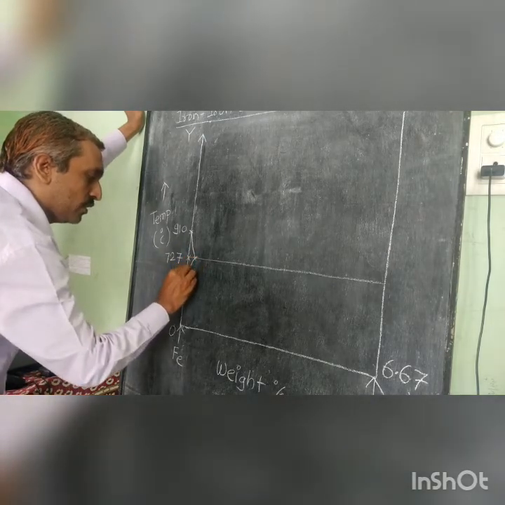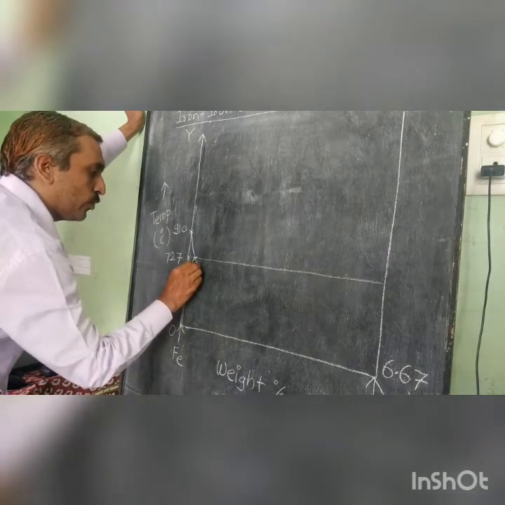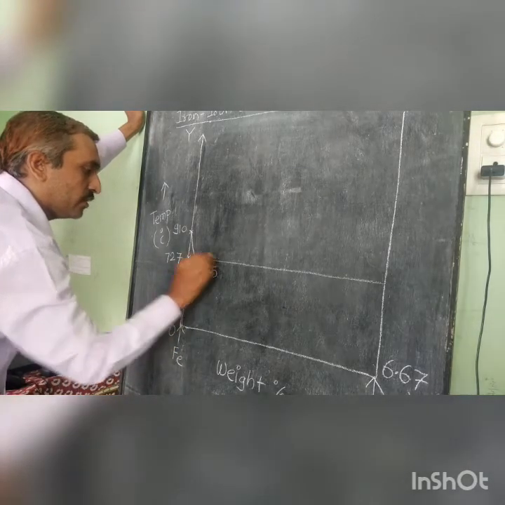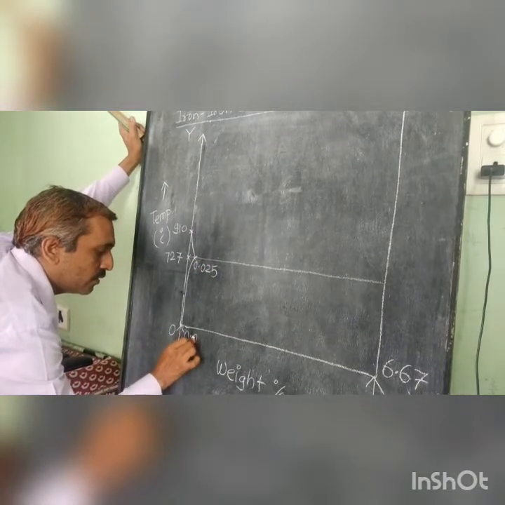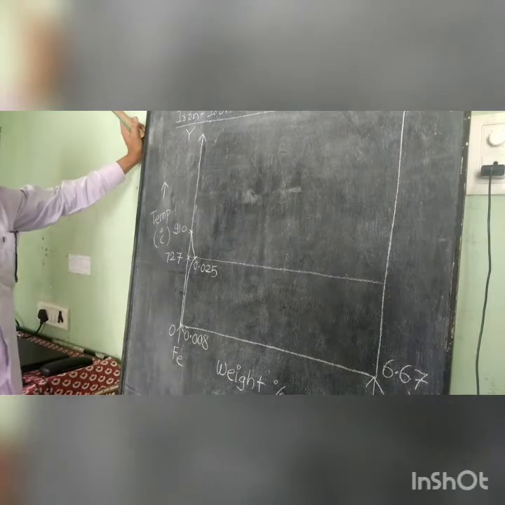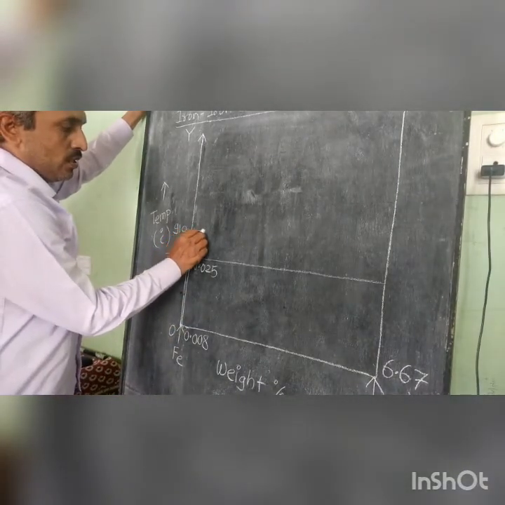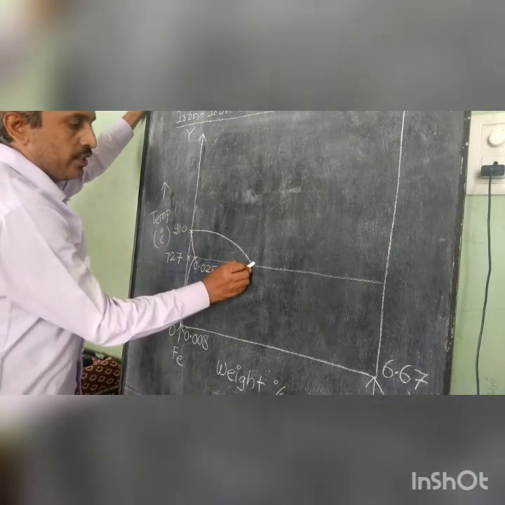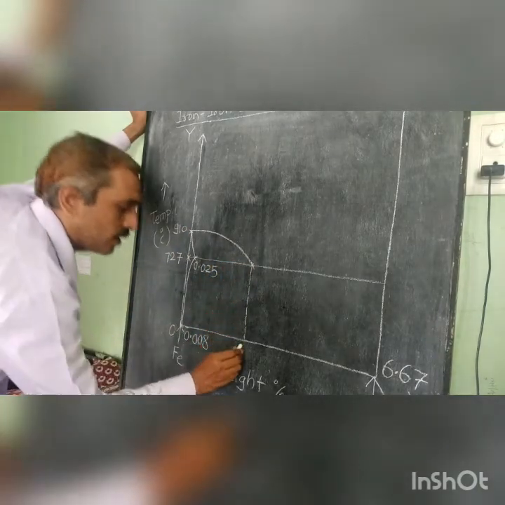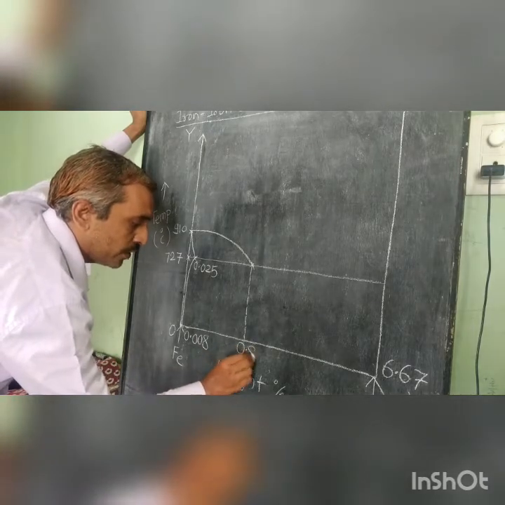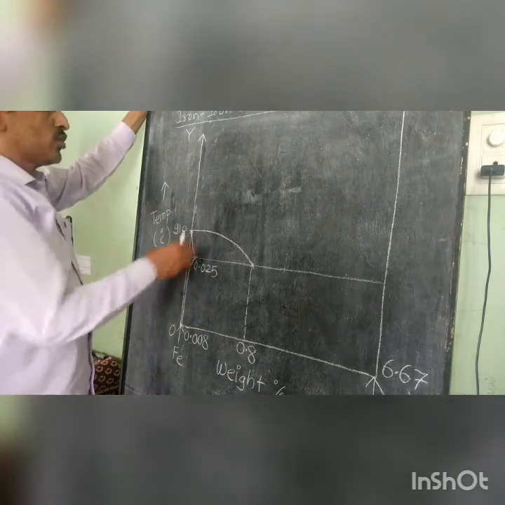This one is 0.025 and this one is 0.008. Next, this one is 0.8% carbon. This is the lowermost region.